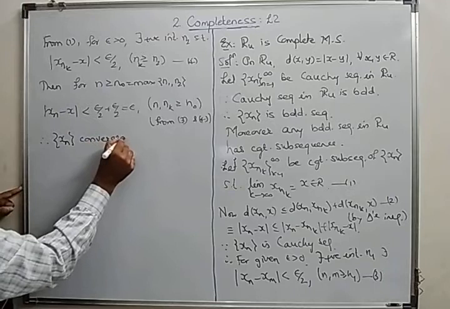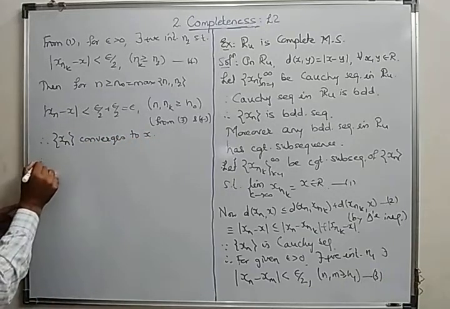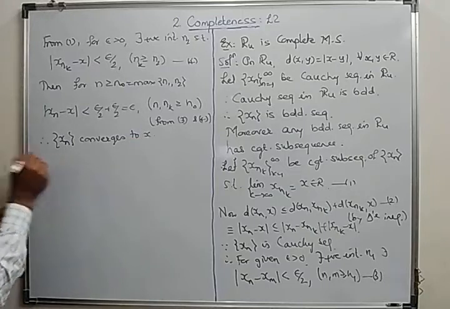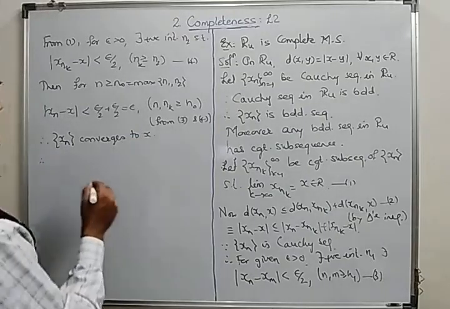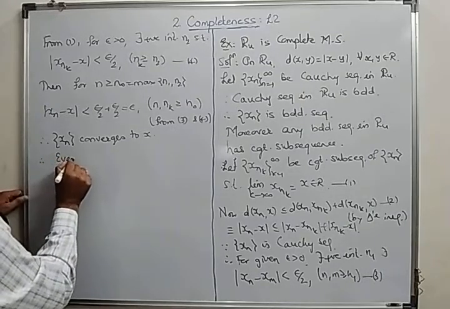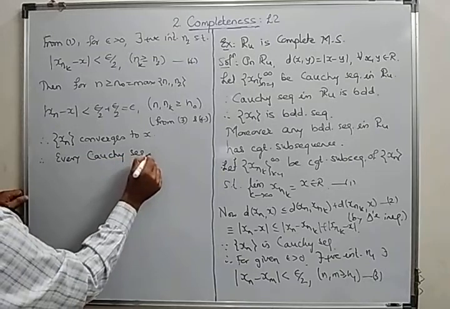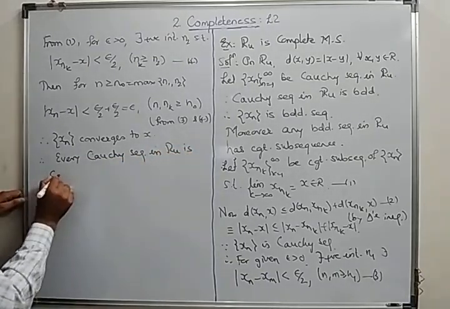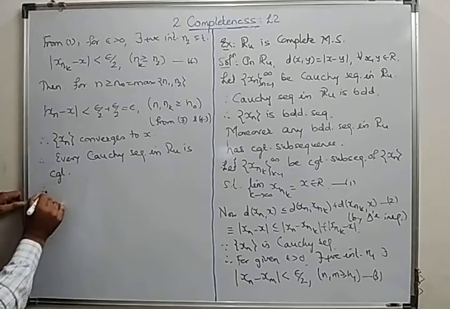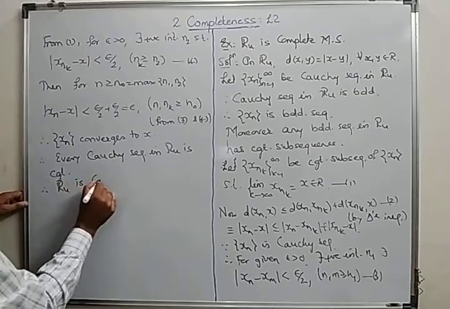And therefore every Cauchy sequence in R_u is convergent, and so R_u is a complete metric space.